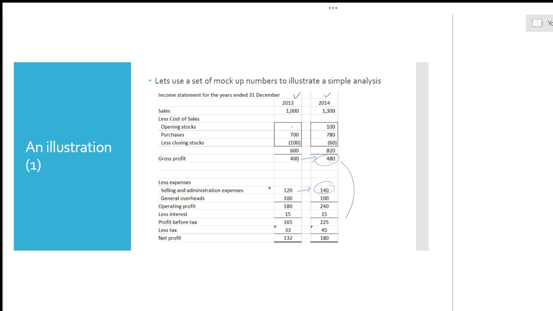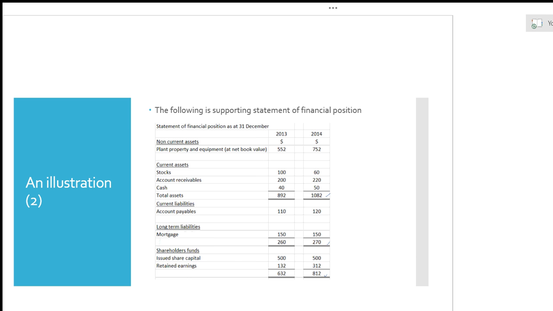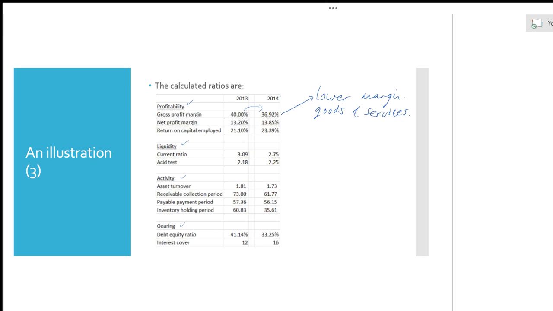So obviously this will contribute to higher net profit margins. That explains this. Now, return on capital employed has obviously improved, and this is mainly due to the higher net profit margins, right? Overall, in terms of liquidity, is the business worse off? The answer is no, it doesn't seem like the case.